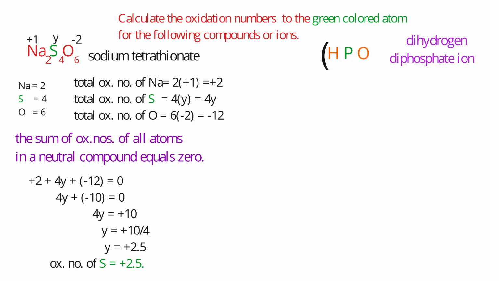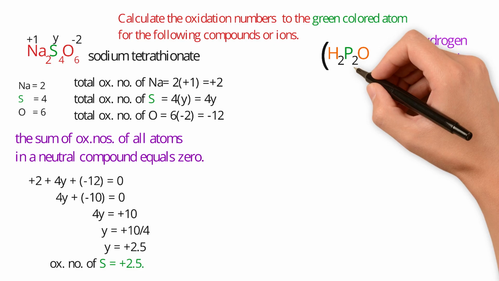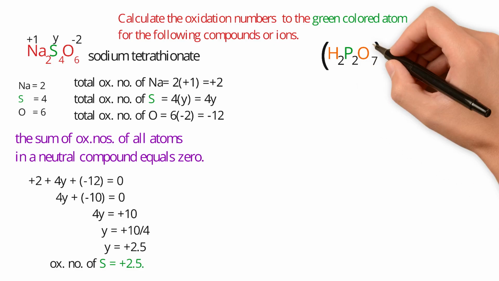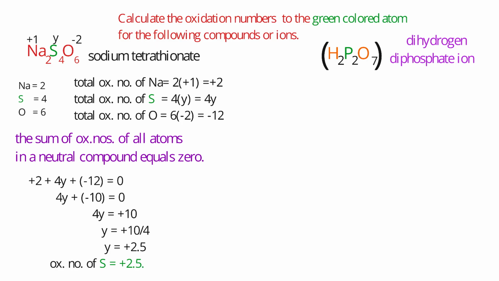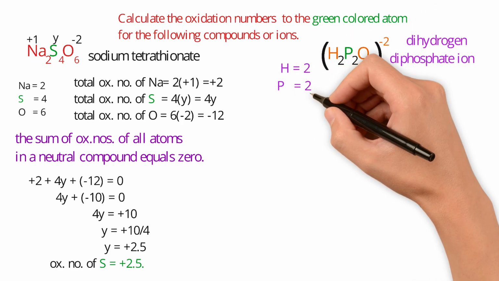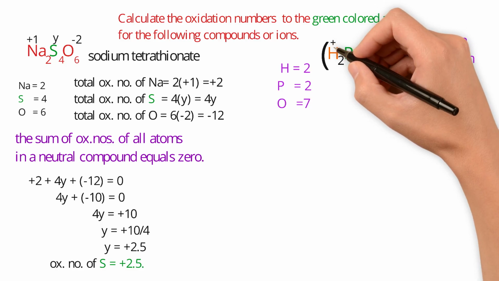Dihydrogen diphosphate ion. This compound is known as dihydrogen diphosphate ion, its charge is -2. The number of atoms in this ion is hydrogen 2, phosphorus 2, oxygen 7. Now let us assign oxidation number of each atom in dihydrogen diphosphate.